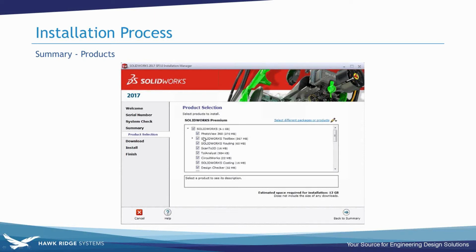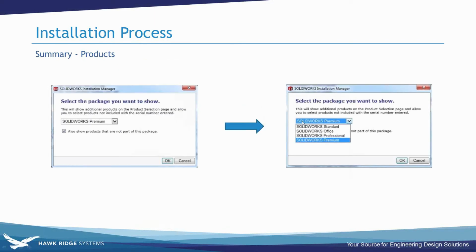But if I notice that I don't see some of my add-ins available, choose the select different packages or products link. Once you select that link, it'll bring up this pop-up window and it'll allow you to choose products that your serial number didn't bring up. So if you select premium, it'll show the premium products and you can specify to install them.